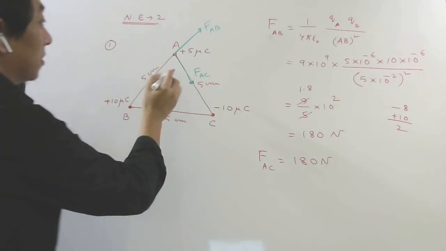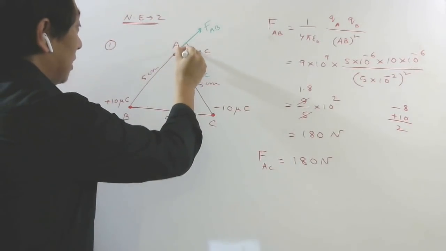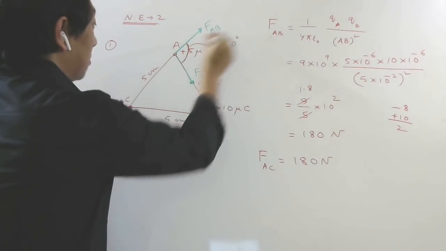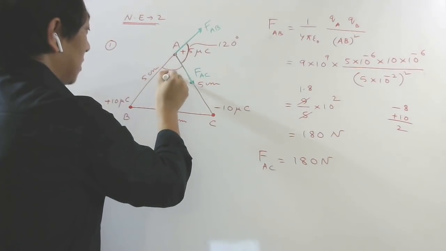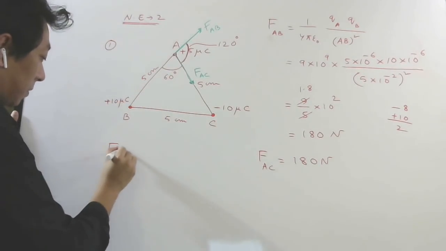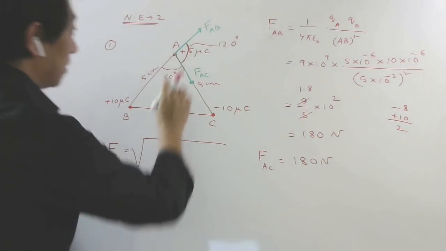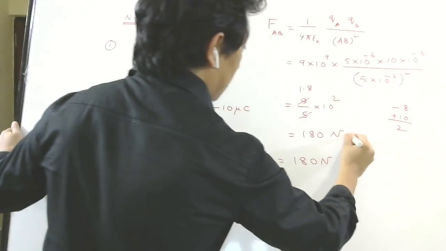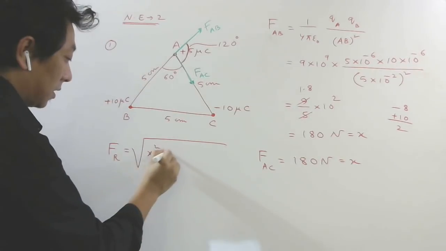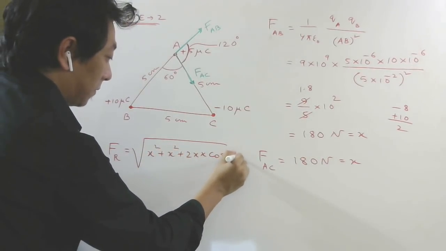So once we know that these two forces have the same magnitude, now you have to know the angle between them. Now this angle is how much? That angle is 120 degree because this is 60 degree. Right? It is an equilateral triangle. So for the resultant force, you have to use the vector addition law. So root over, let us say both of them are x and x. Then what is the formula? x square plus x square plus 2xx cos of 120.